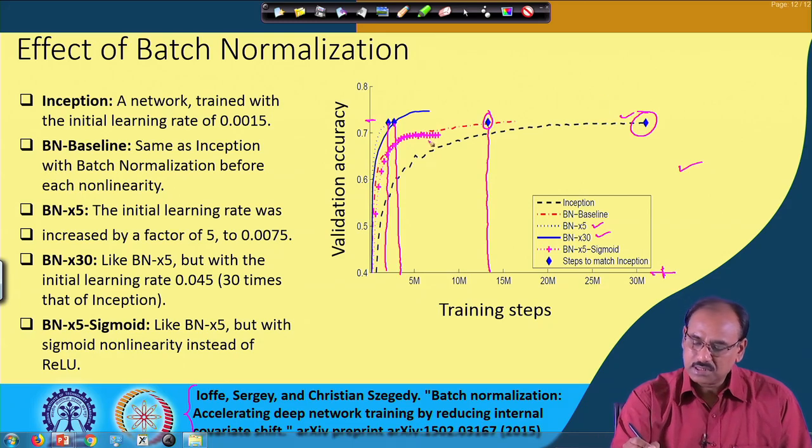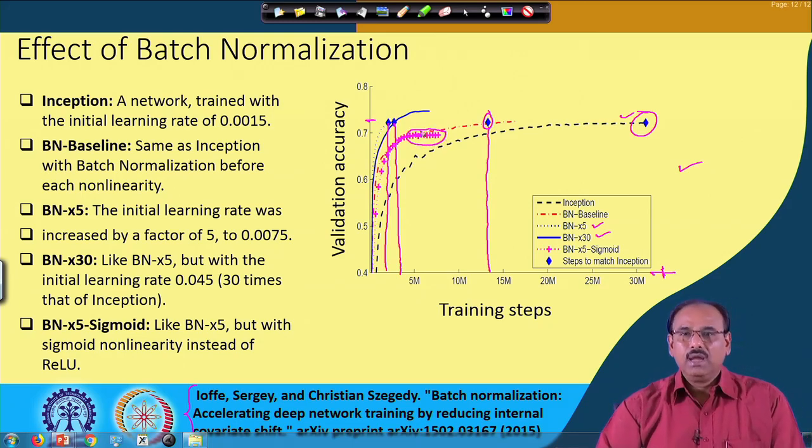Of course, this is the one which shows what happens if you use a sigmoidal function as the nonlinearity instead of ReLU. Here you find that with the sigmoidal function, the validation accuracy is much less. So that shows that batch normalization improves the performance and the learning rate.